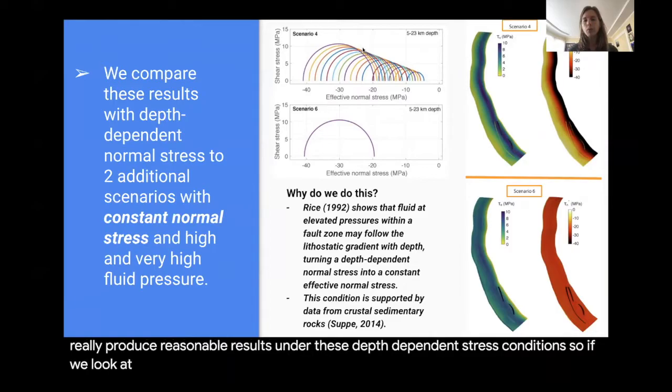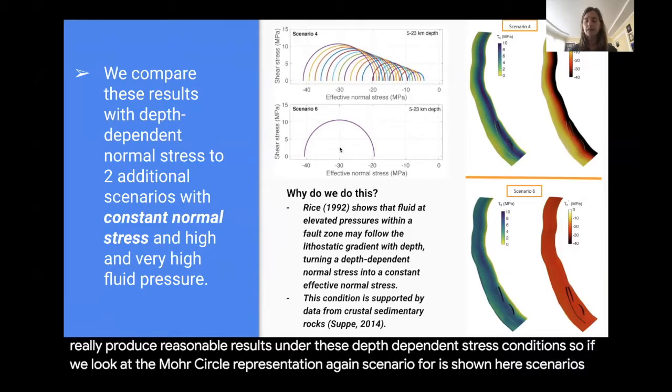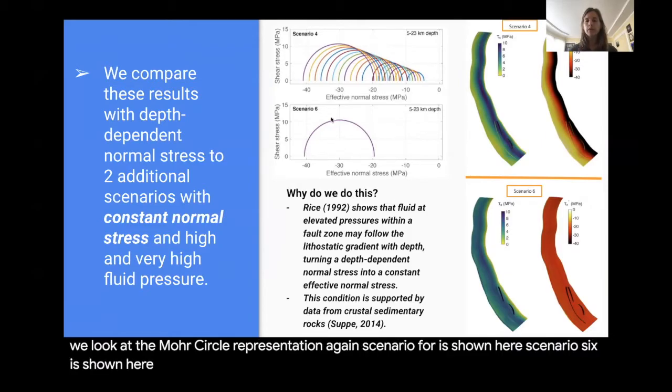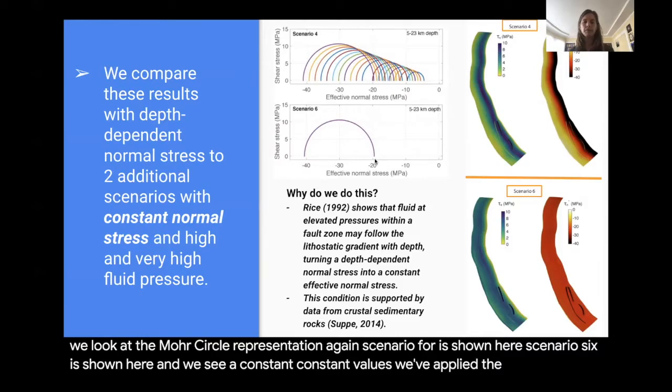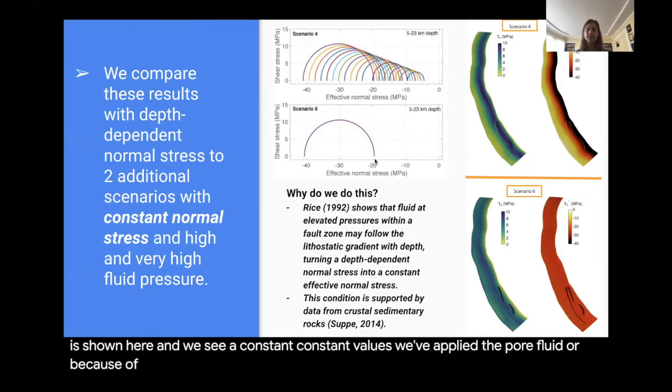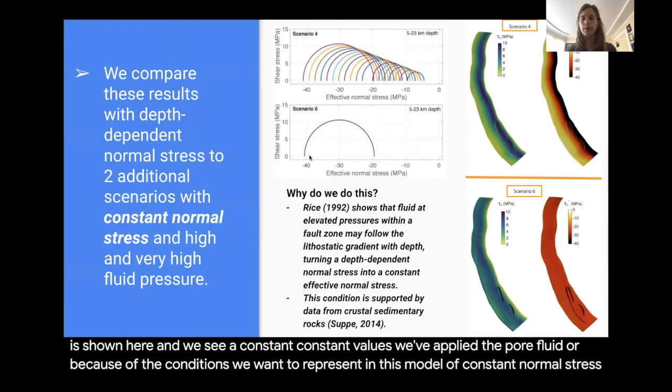So if we look at the Mohr circle representation again, scenario 4 is shown here. Scenario 6 is shown here, and we see constant values because of the conditions we want to represent in this model of constant normal stress with depth.